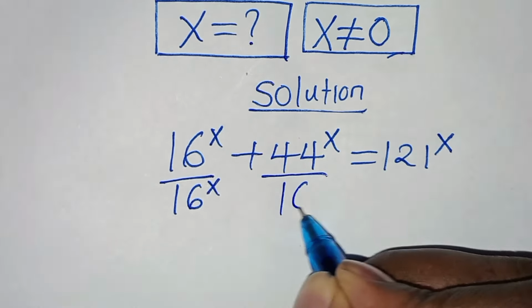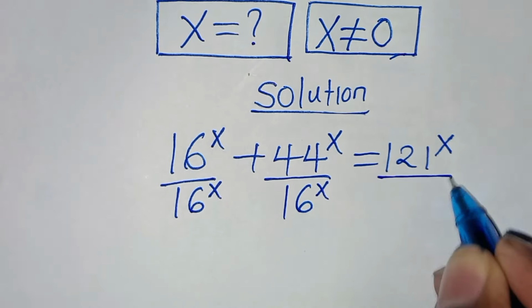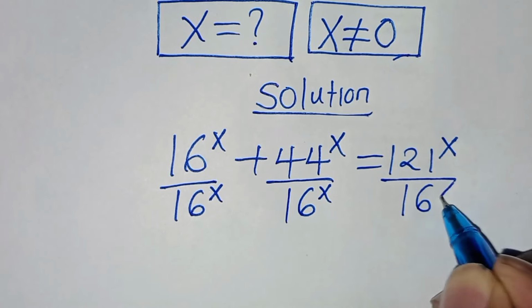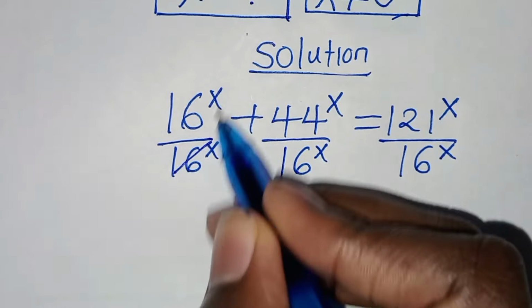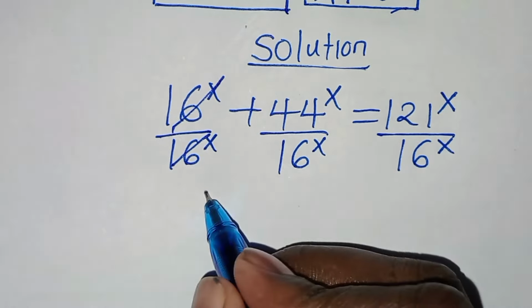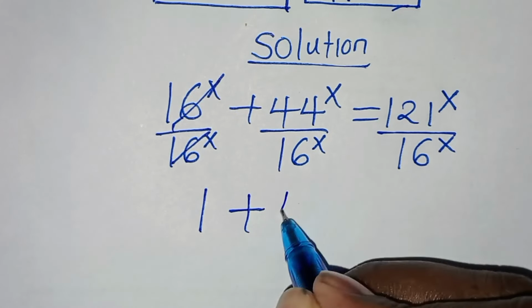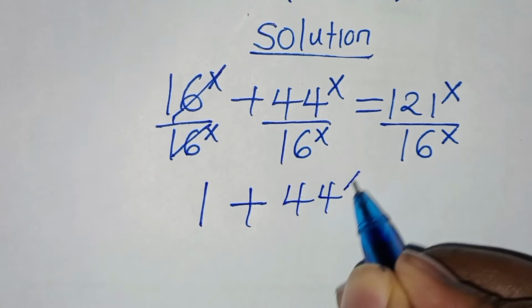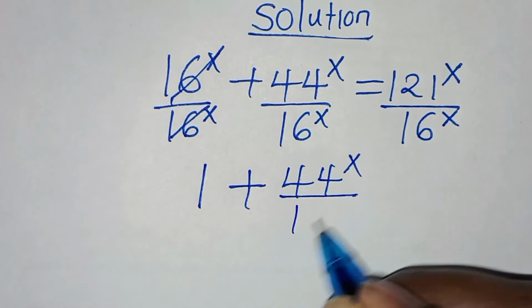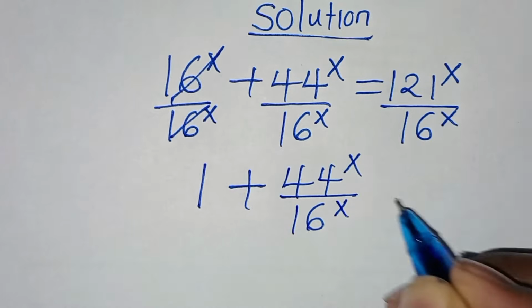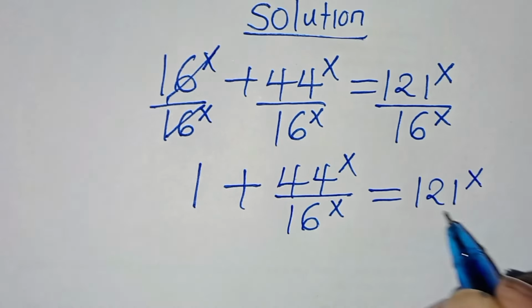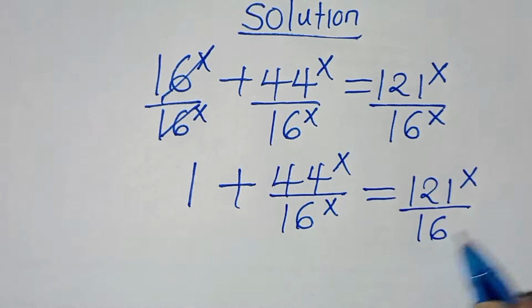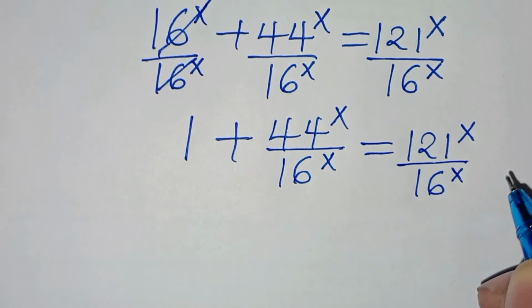Now 16 raised to the power of x simplifies, so that now we have 1 plus 44 raised to the power of x divided by 16 raised to the power of x. This is equal to 121 raised to the power of x over 16 raised to the power of x.